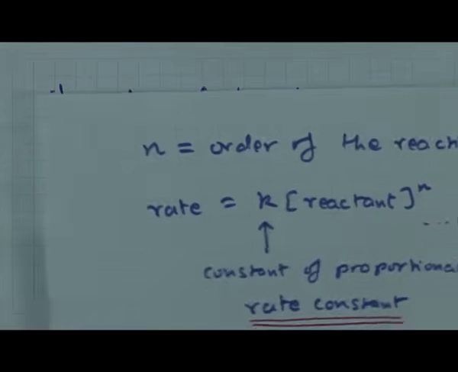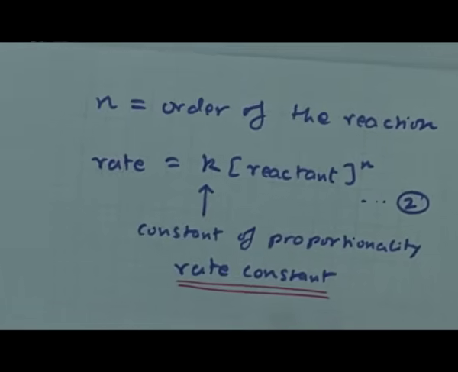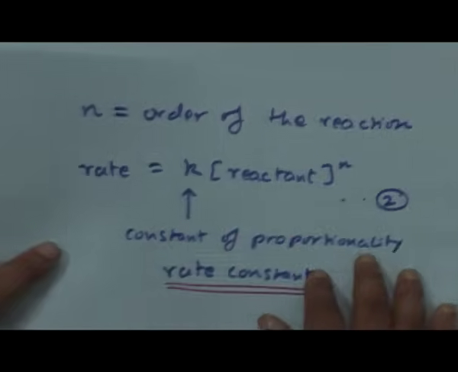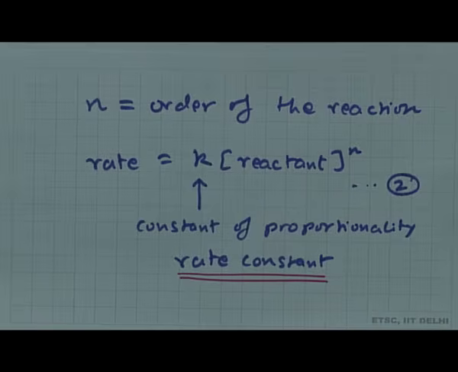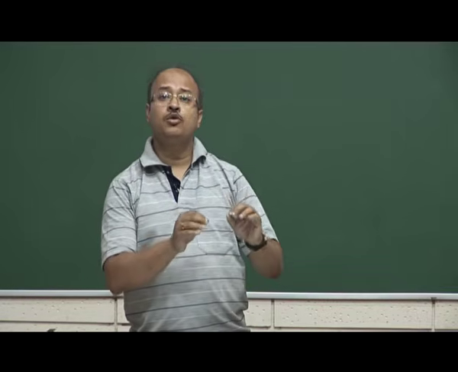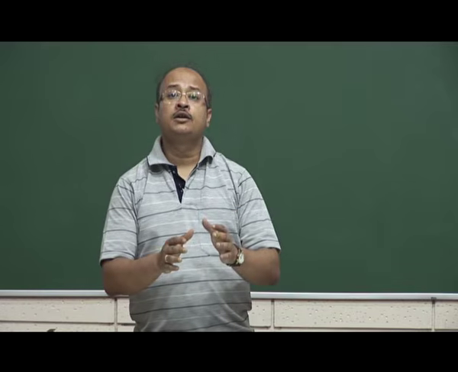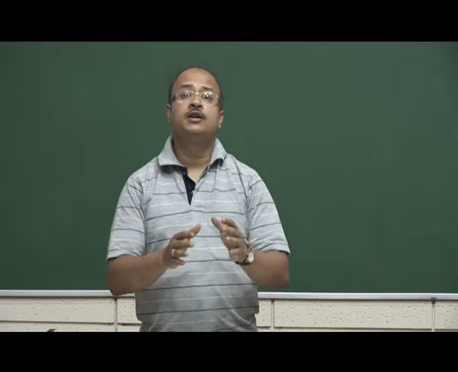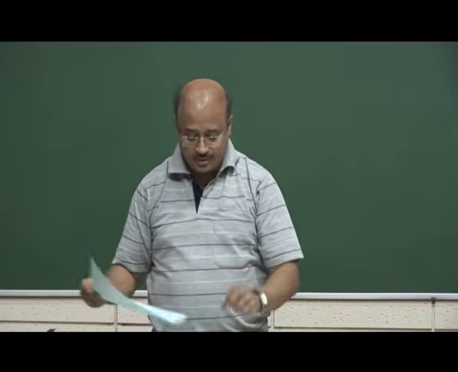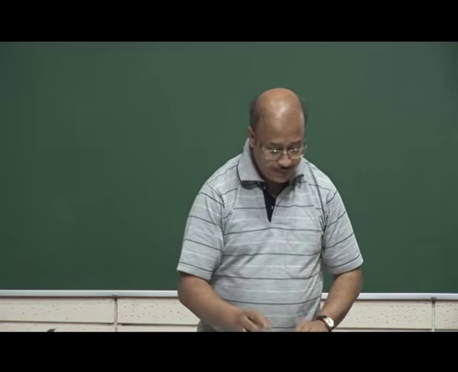Order values, that means n values, can be fractional, and this is what you see: n equal to 3 by 2, then I put 3 by 2 out here. But in a nutshell, what this is telling me is how the rate is varying, or how the rate depends upon the reactant concentration. Now, that is the most important part.